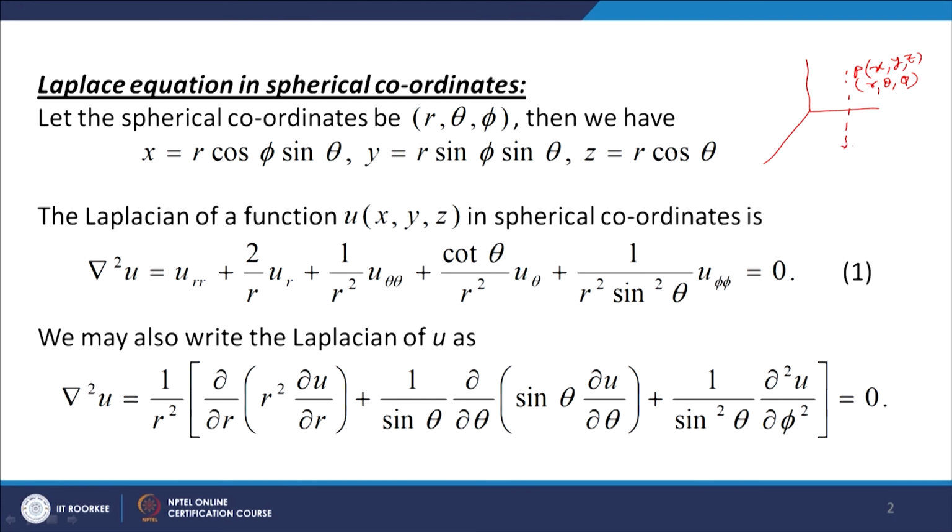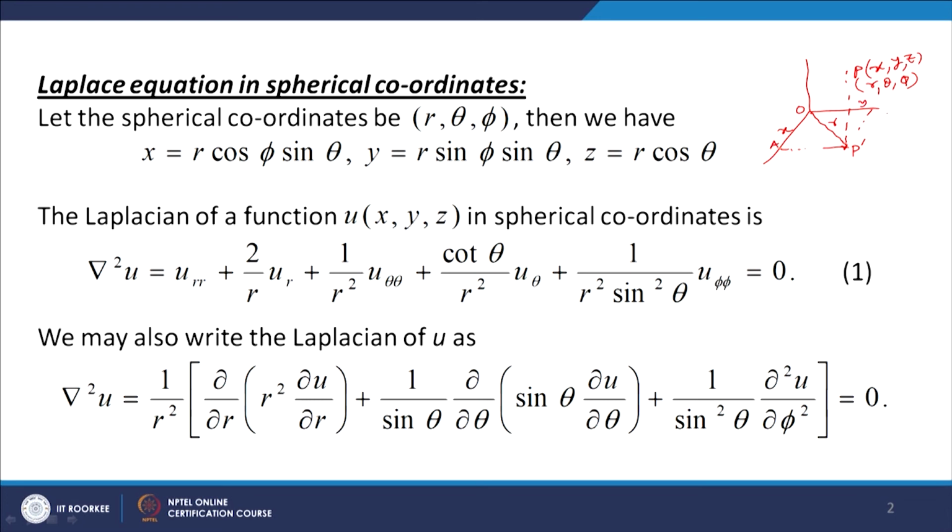This is your orthogonal projection P dash. Join origin to P dash, then this is r. Draw lines through P dash parallel to x and y axis, then this is x, this is y.